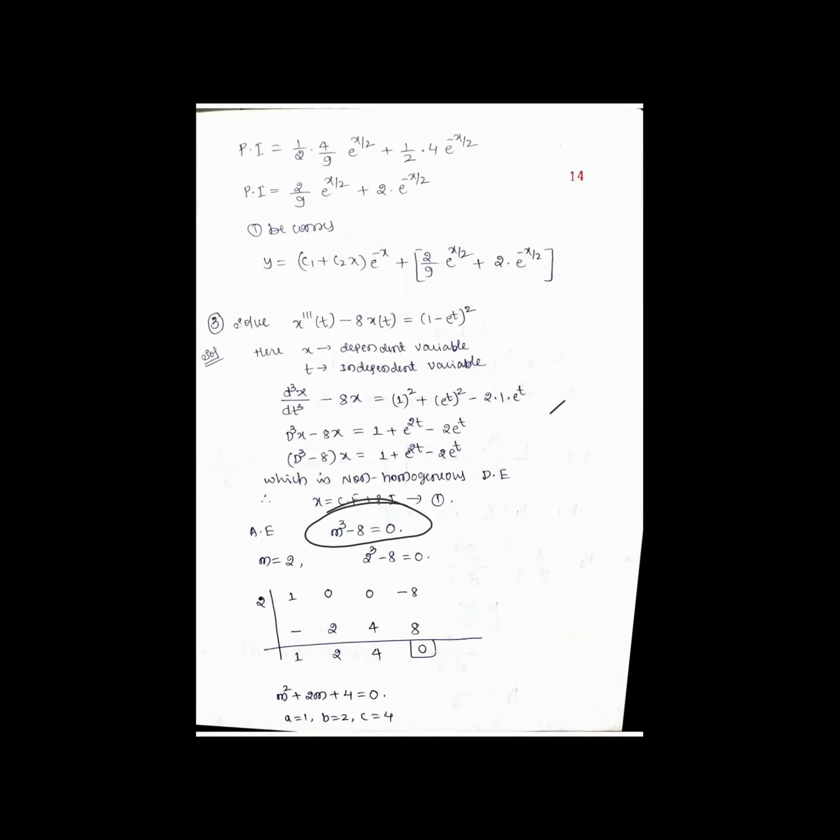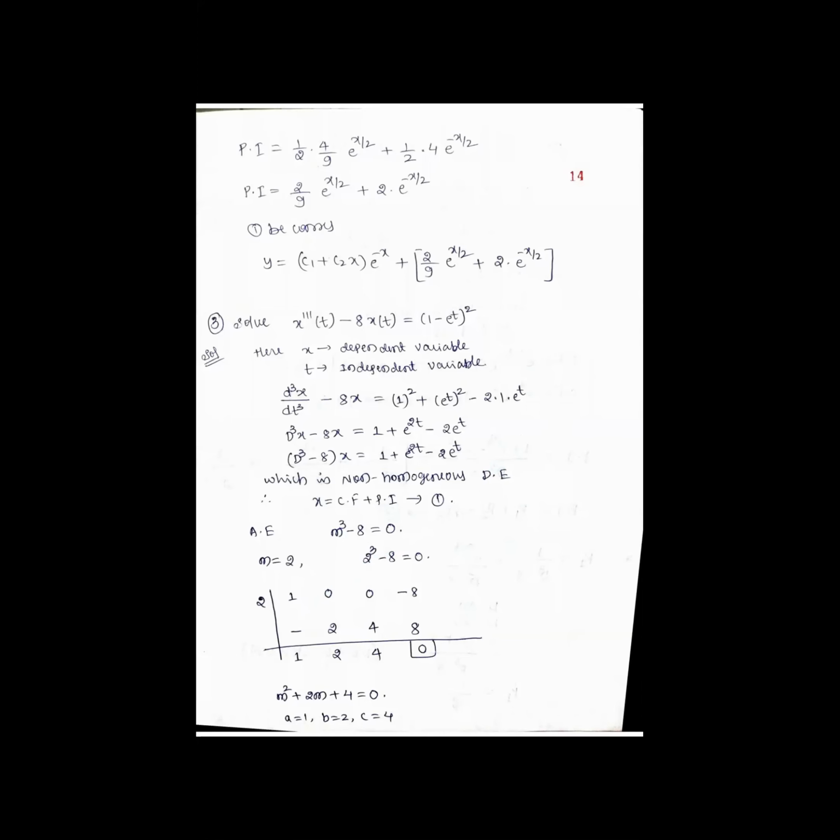The coefficient of m cube is 1. The coefficient of m square is not there, so 0. The coefficient of m is not there, so 0. Next, the constant term is minus 8.